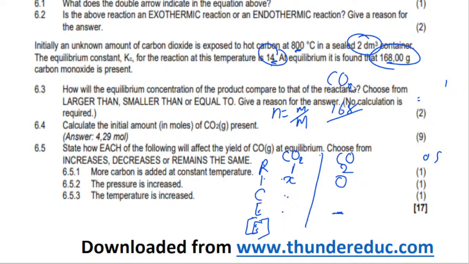Carbon monoxide is 12 plus 16, which is 28. So the number of moles is 6 moles. What I produced, what was at equilibrium, is 6 moles, because these are product.